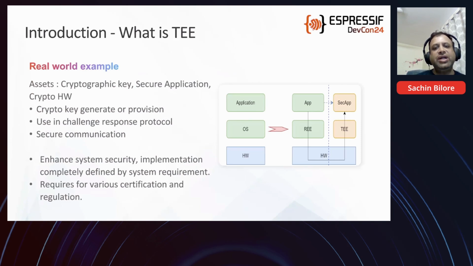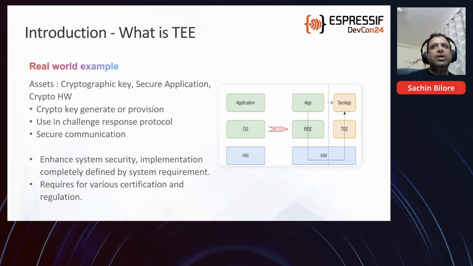So as earlier, we identified one security sensitive assets, which is cryptographic key. We also consider related resources. Here, a piece of code, which is secure application, which use this key in its operation, and also probable hardware, like crypto hardware, where these operations may be offloaded.